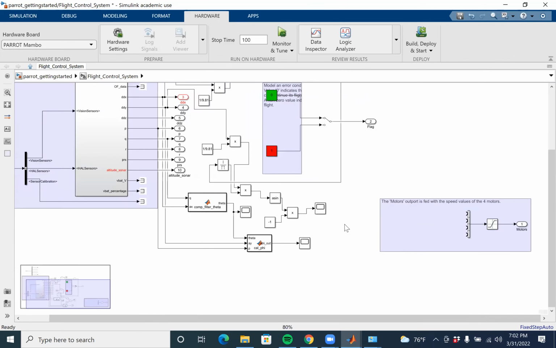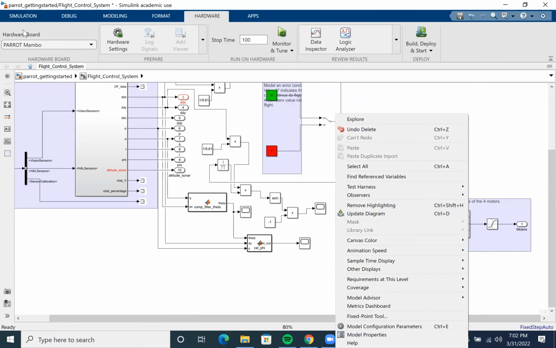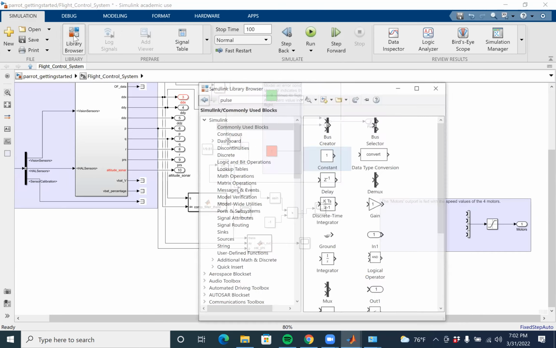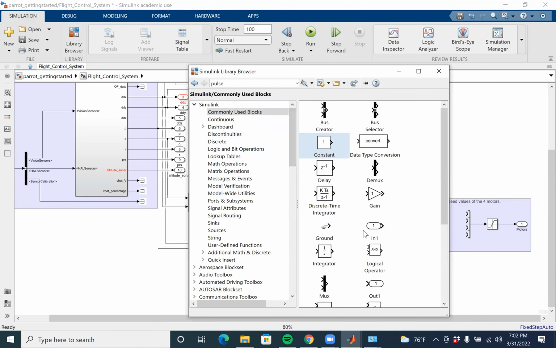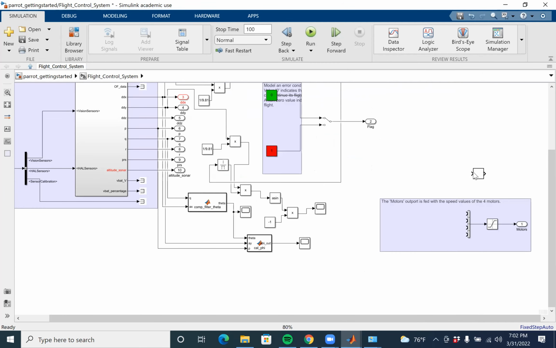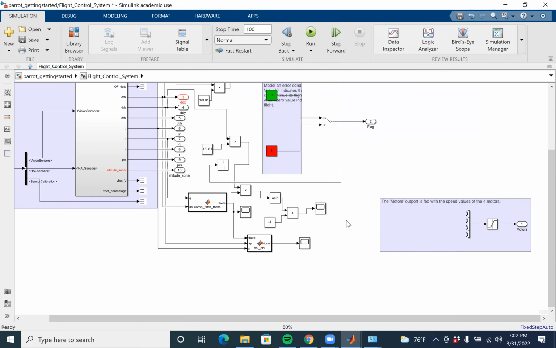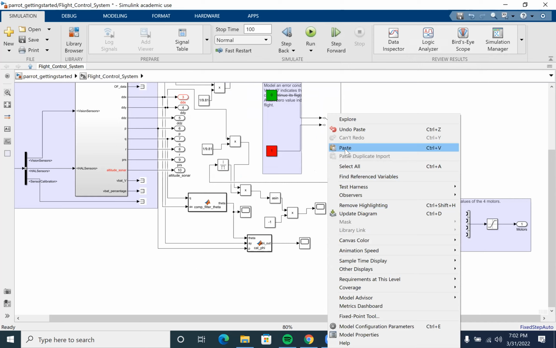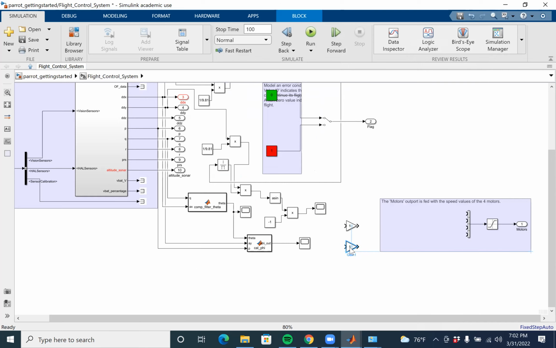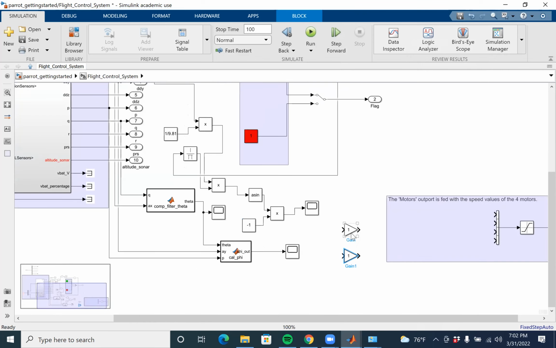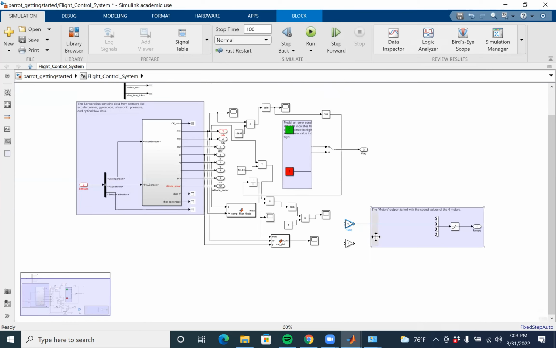I'm going to have a gain block. Copy gain block, paste gain block, paste gain block.